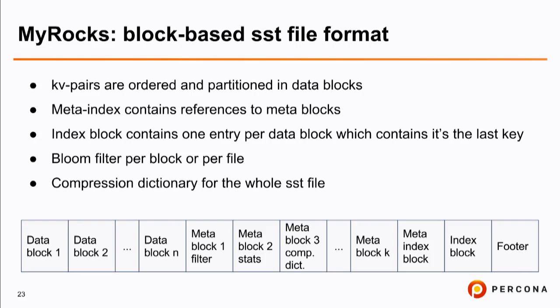There are data blocks, with key-value pairs ordered in the data blocks, and there are index blocks. What is important is that a compression dictionary is created for the whole SST file, which improves the compression quality.